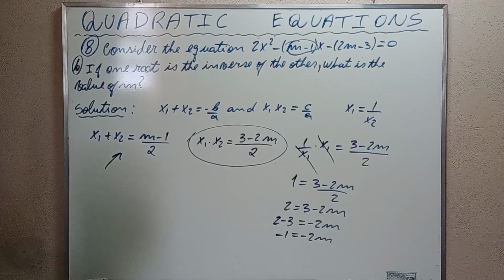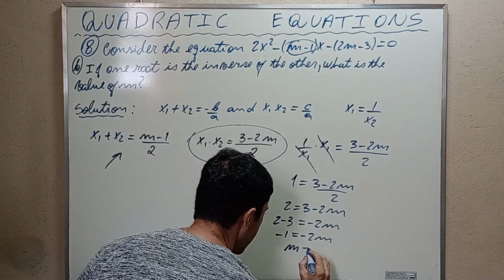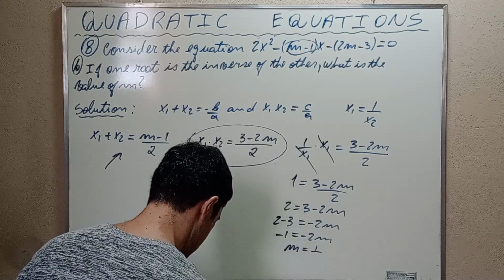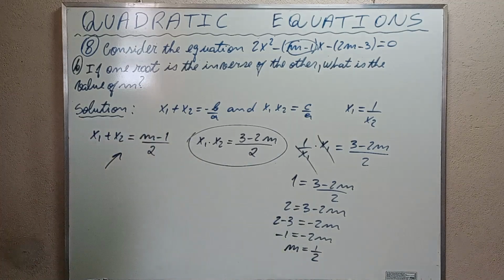And I find ultimately that m is equal to a half. So this is the value of m when one root is the inverse of the other.